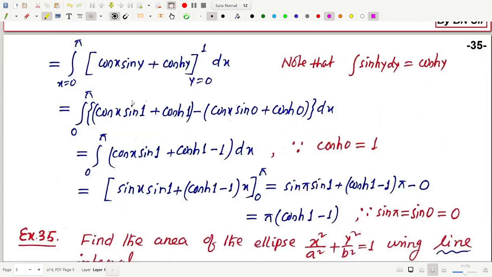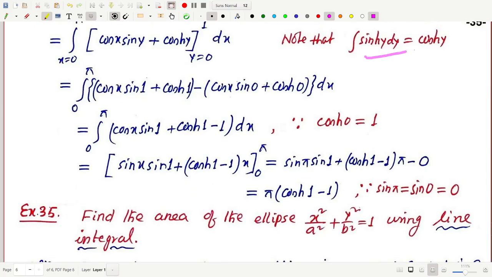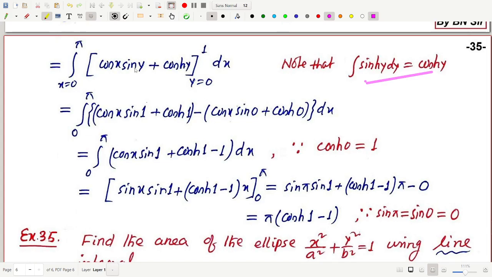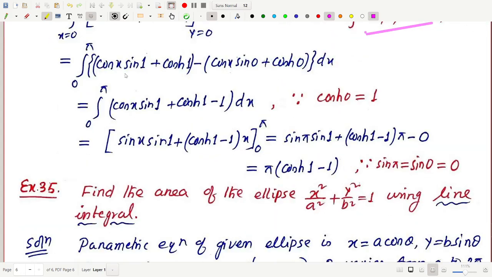So for y from 0 to 1, when y is 1 we get sin 1 and cos hyperbolic 1, minus when y is 0, sin 0 is 0 and cos hyperbolic 0 is again 1. So you get cos x sin 1 plus cos hyperbolic 1 minus 1. Cos hyperbolic 0 is 1, sin 0 is 0.